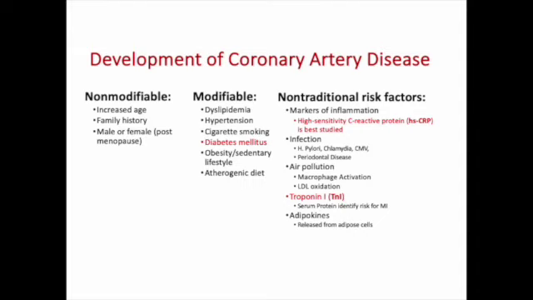Now, troponin is another biomarker, troponin I, that is sensitive to coronary artery disease. Specifically, it identifies the risk for myocardial infarction. Many times after a patient has had an MI, we can trend the troponin to confirm and then to reevaluate. There are also adipokines that can be released from adipose cells that help us to understand these risk factors.